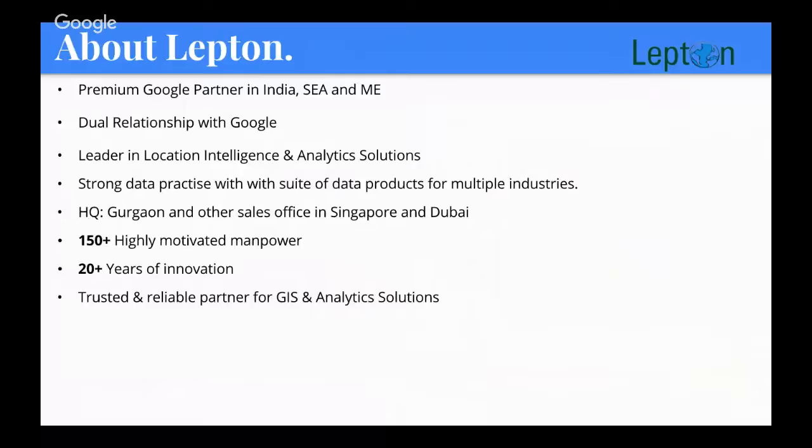Telecom being customer hungry, they always wanted to reach the last mile. They also helped us in the process of researching the data and finding out more data for the telecom vertical. We came up with a strong data practice ourselves, and all these data sets are being consumed in our solutions or sold standalone to all the business verticals I spoke about a while back.